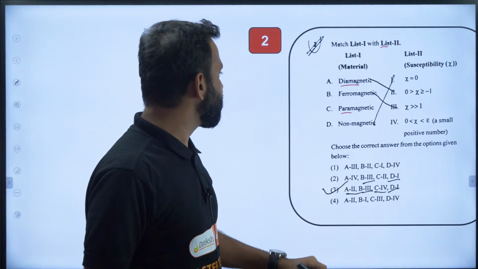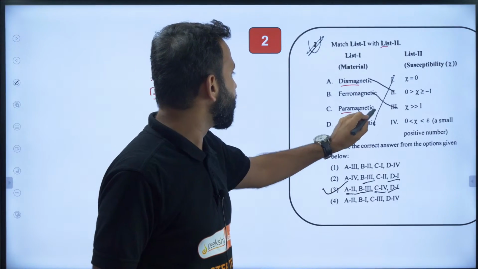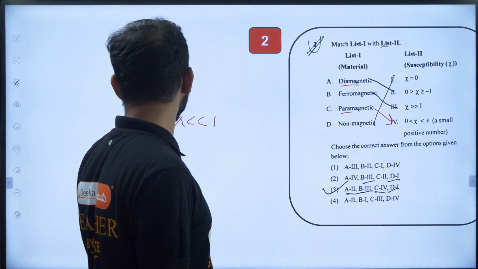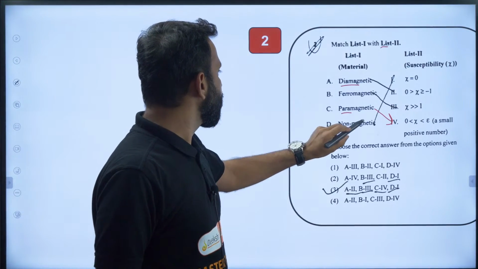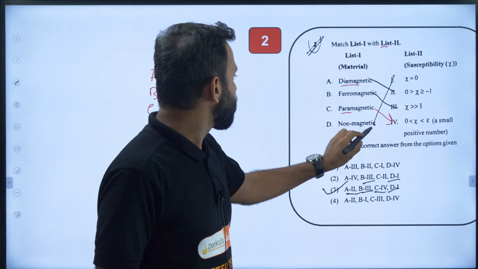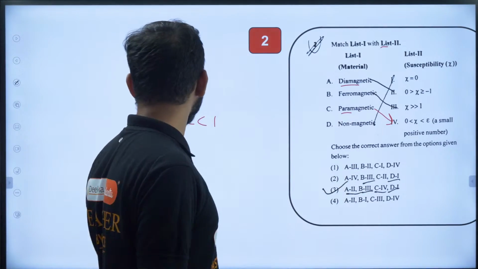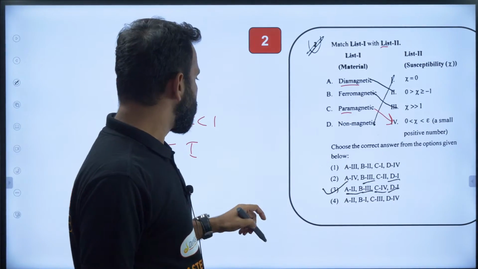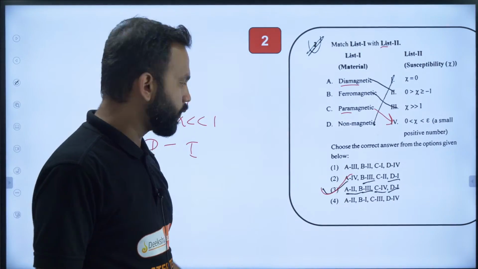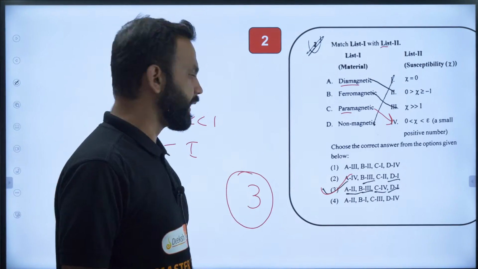And then C, that is the paramagnetic material, C belongs to 4. And then non-magnetic susceptibility value is 0, so D belongs to 1. So the correct option is 3.